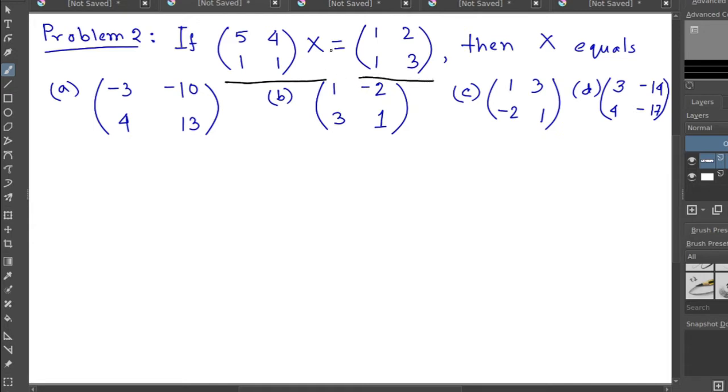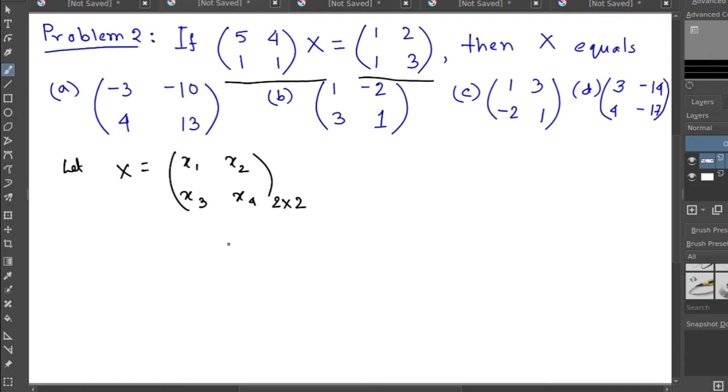Let X equal a matrix like this, x1 x2 x3 x4, because it's a 2 cross 2 matrix. Otherwise this multiplication is not possible.